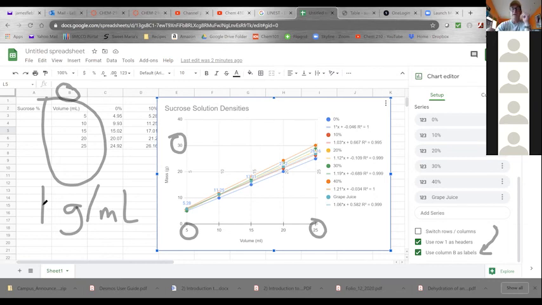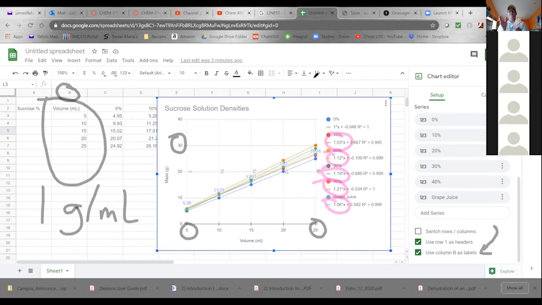So it goes next up to 1.03 g per mil for 10%, 1.12 g per mil for 20, and you're going to get different results, but they should be fairly similar to this. 1.19, 1.21, and my grape juice clocks in at 1.06.